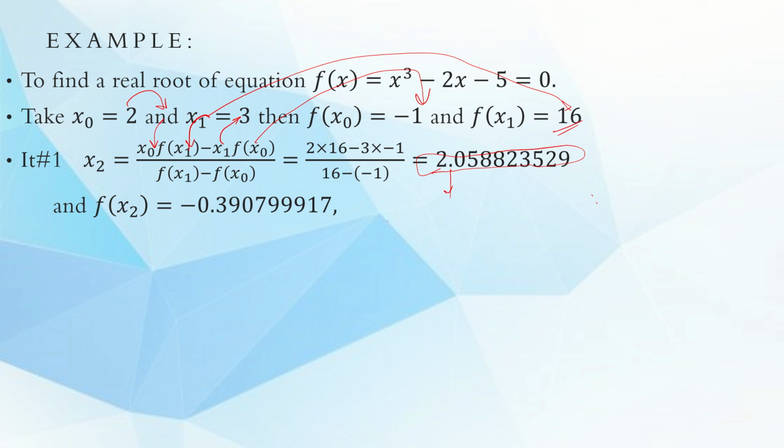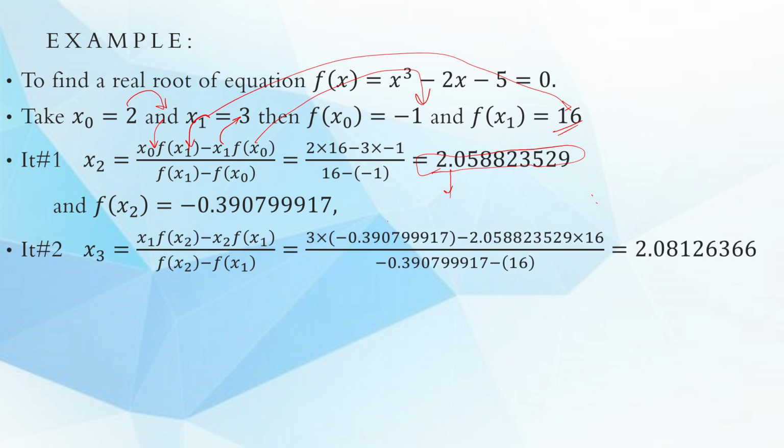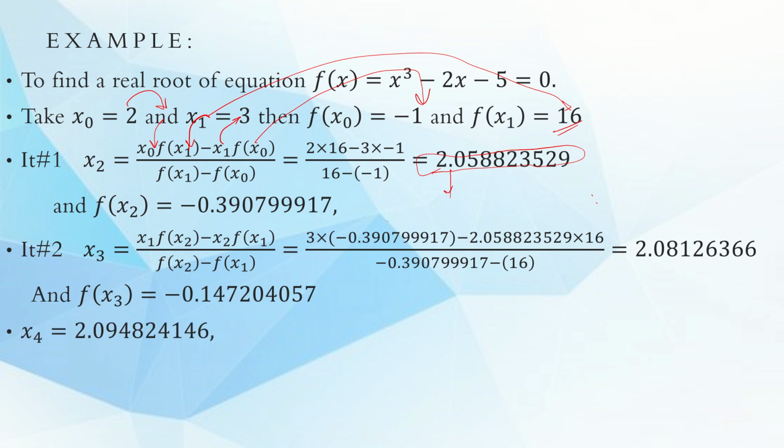And then we go for the next step. X3 will be x1 f of x2 minus x2 f of x1 divided by f of x2 minus f of x1, which when simplified gives the next value, that is 2.08126366. And then we will be going for x4, where the formula becomes x2 f3 minus x3 f2 divided by f3 minus f2.